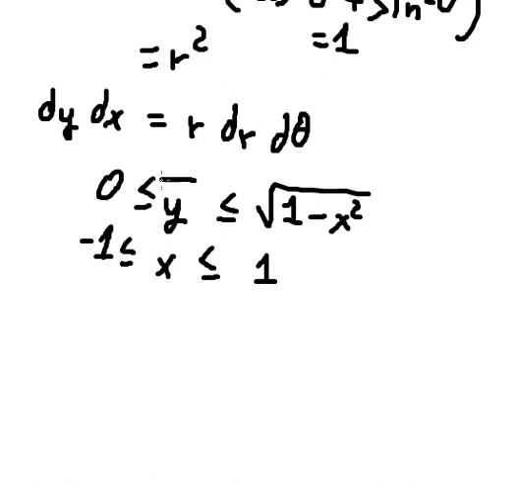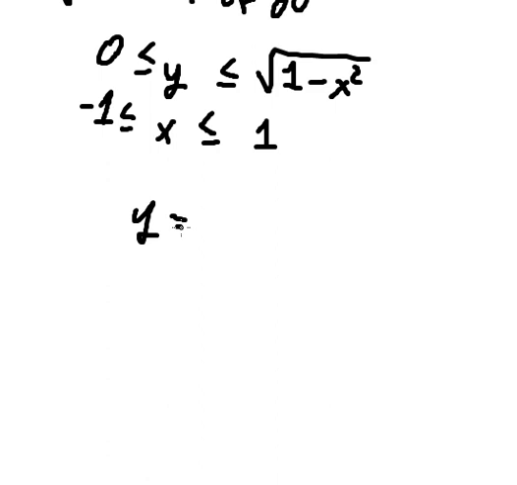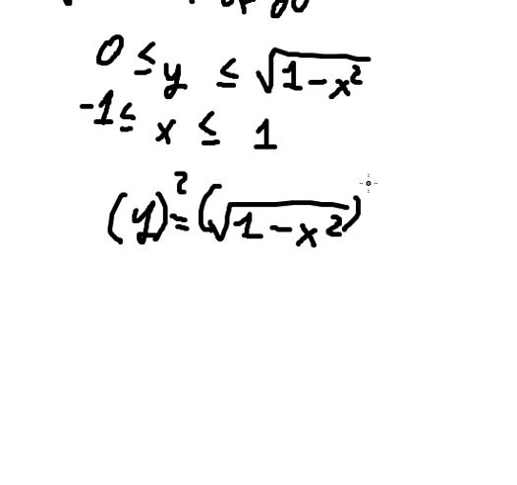Now we need to graph this one. So we put the power of 2 on both sides, and that is y squared equals 1 minus x squared. So I will put this one to the left.